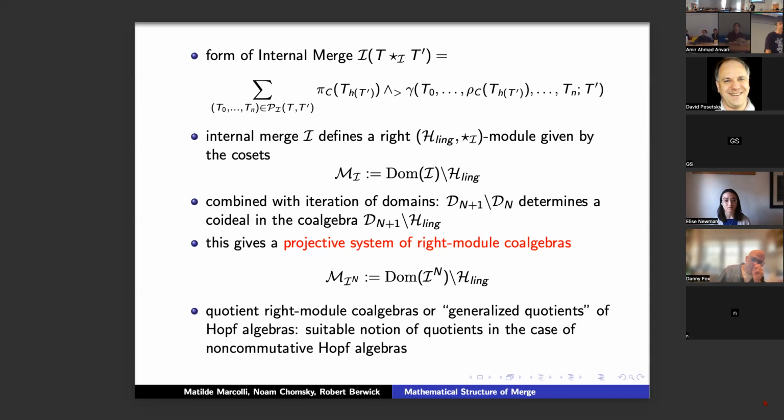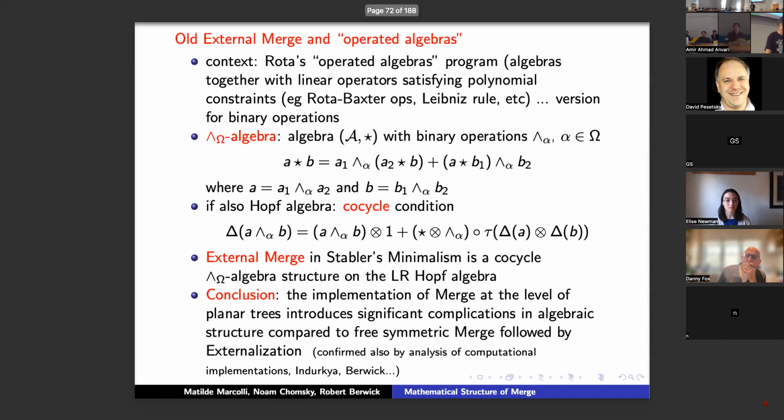So there are all these issues that come up that force the algebra to become a lot more complicated than it is in the case of the free merge theory. And there's one last thing that is also an issue with this.